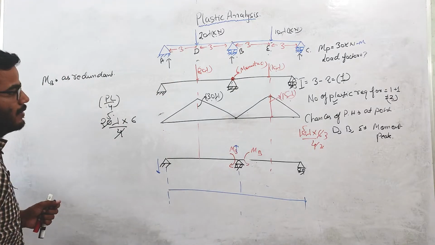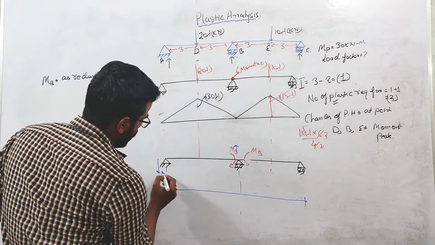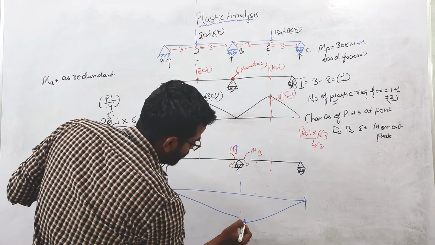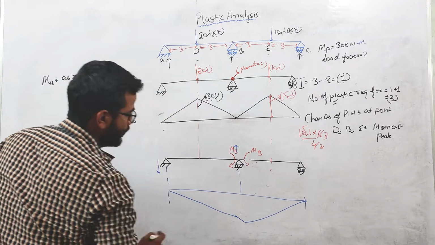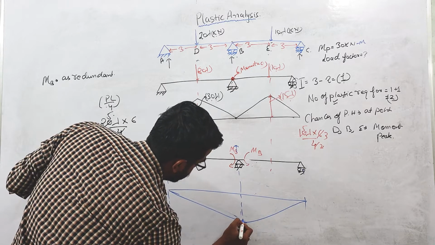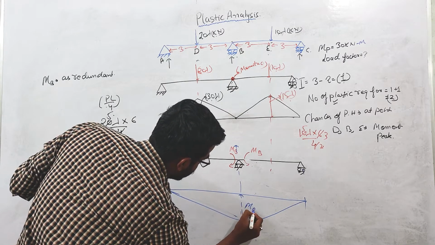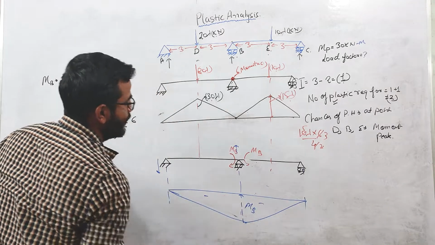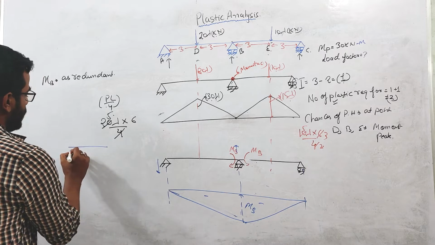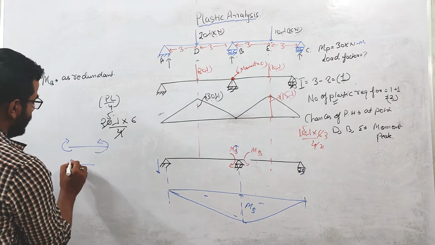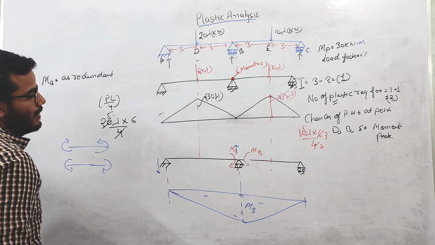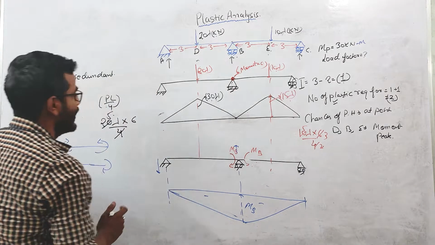So the bending moment diagram will somewhat look like this. At this point the bending moment is MB and this is negative because this is a hogging bending moment. This direction is positive, this direction is negative. So basically this is the hogging bending moment.